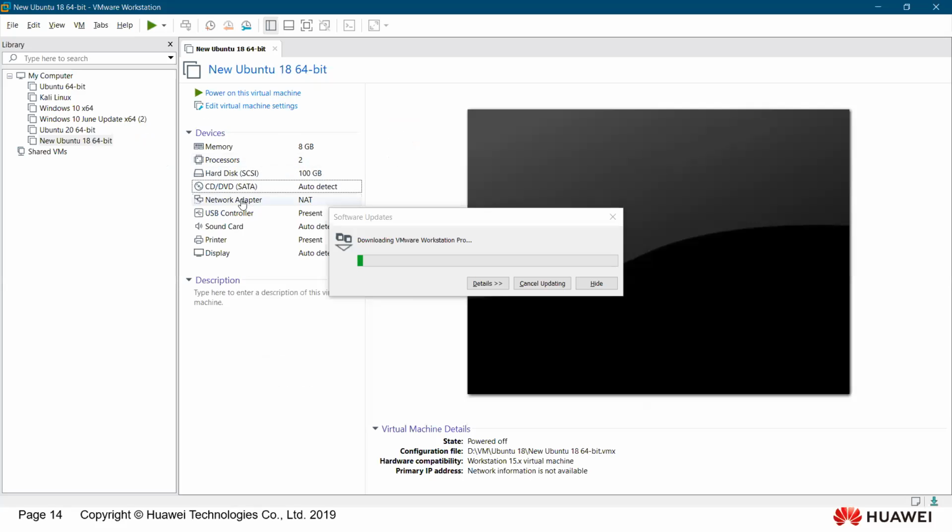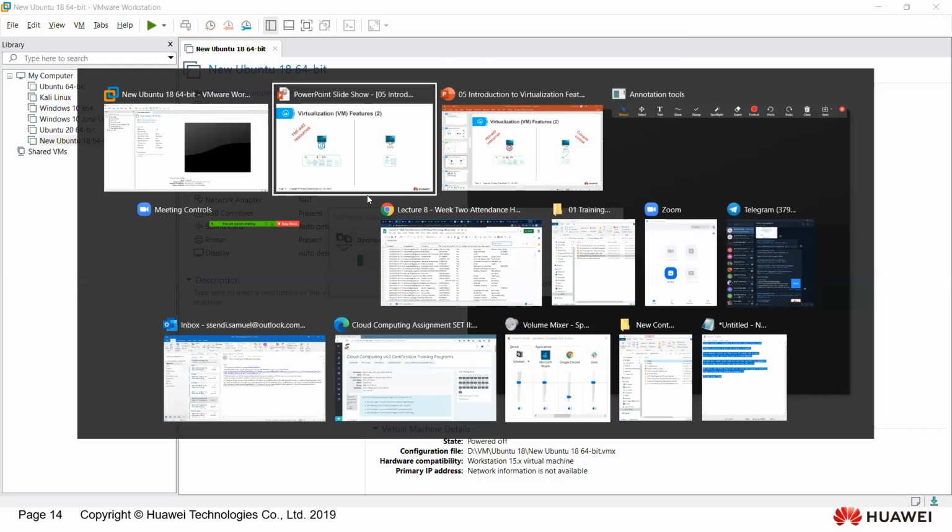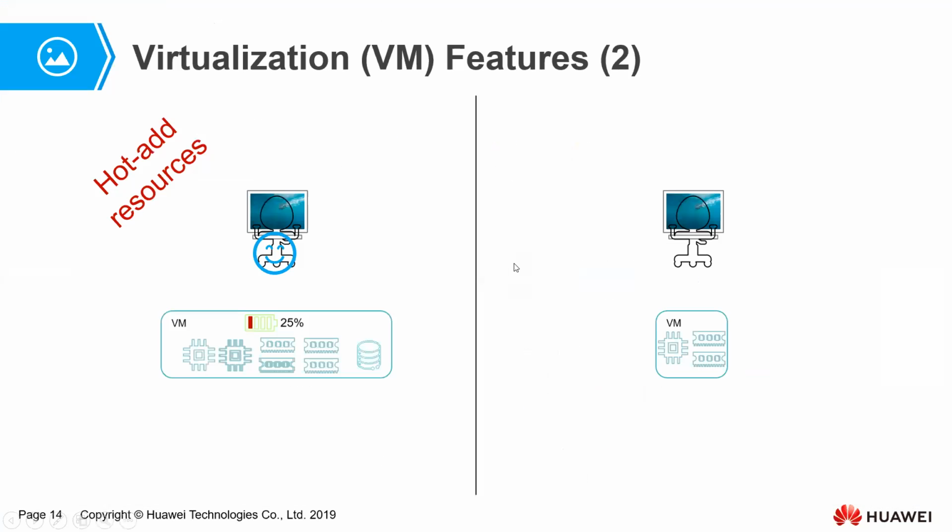I want it to connect using virtual or NAT. You go there and you're able to change and say, I want it to be hot swappable. I want it to use NAT. I want it to use bridged mode. And this is while my virtual machine is live.